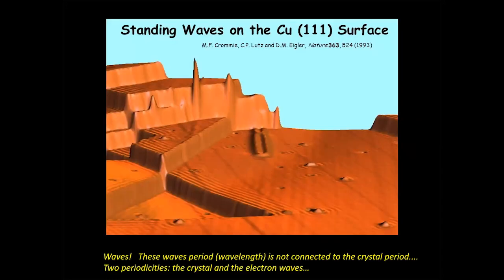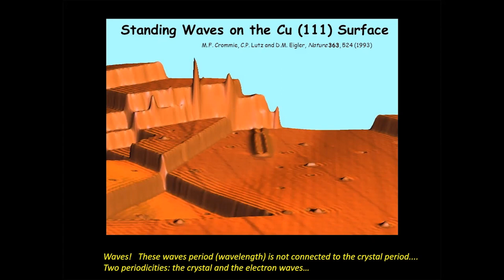I also like this picture very much, which is also quite easy to find. You see similar things here, but maybe more plain ones. What you see here are atomic facets on the copper 111 surface.